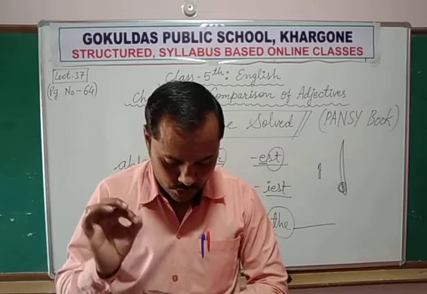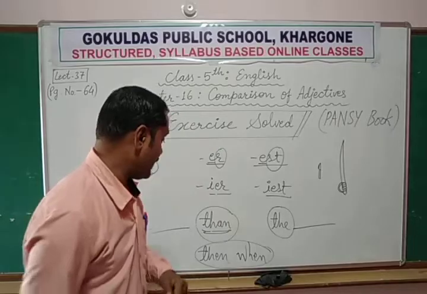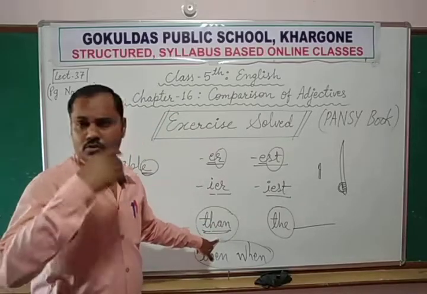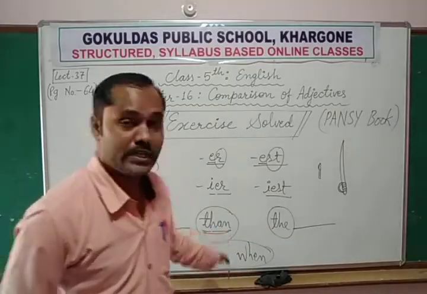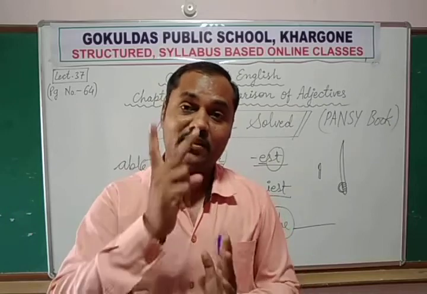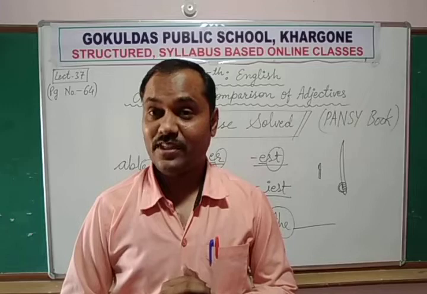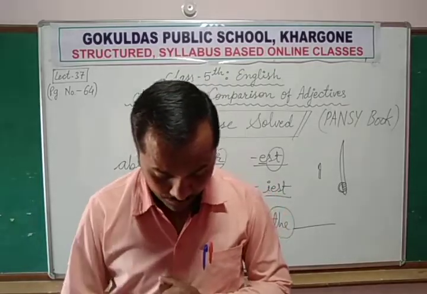Which of these two books is? Now again we are comparing two things, but the word than is not there, the is also not there. Both these words are not given in this sentence, but we are comparing two things only. Two books are given. So that's why we will use comparative degree.